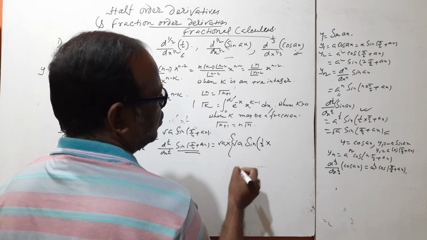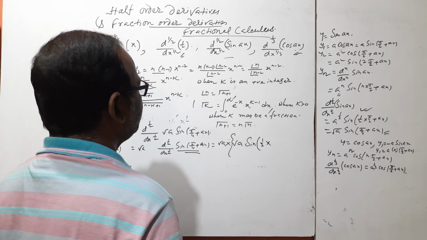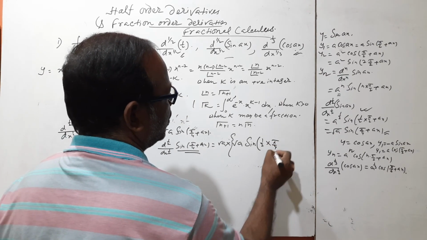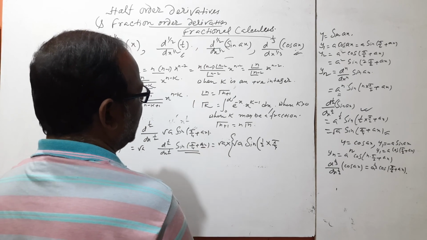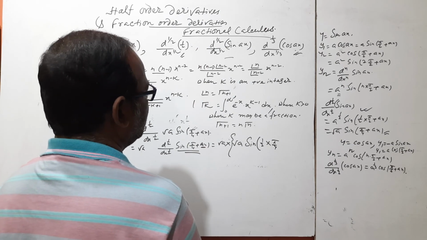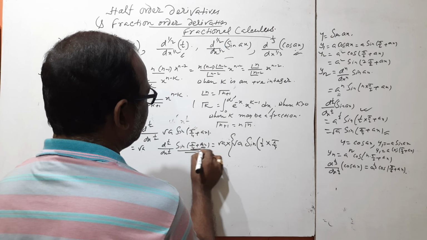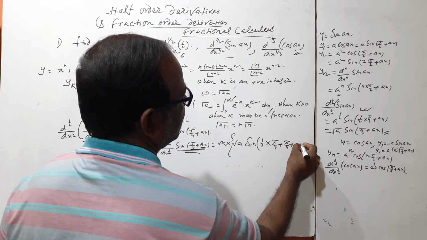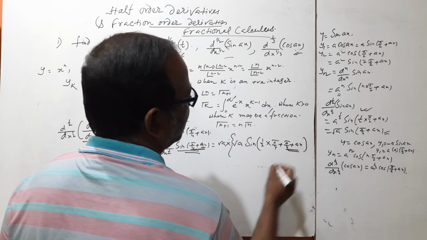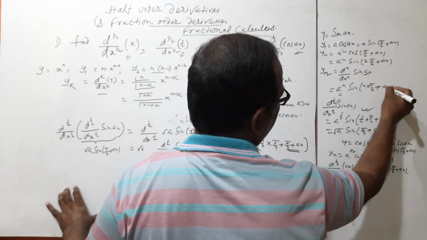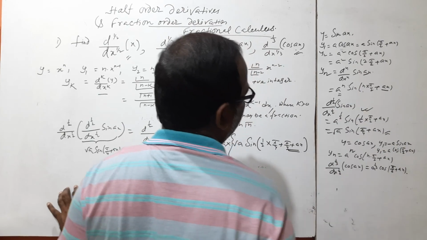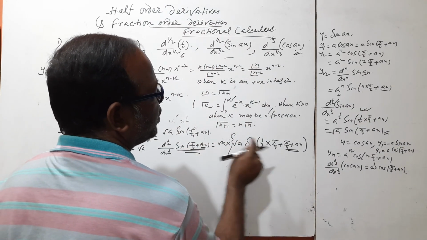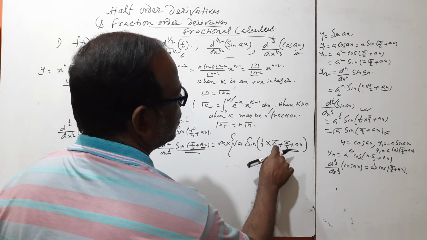So half into pi by 2, and the whole angle is ax. Sorry, the whole angle is pi by 4 plus ax. So this is pi by 4 plus ax as a whole angle. In that case, half times of again pi by 4, and this is a pi by 2.